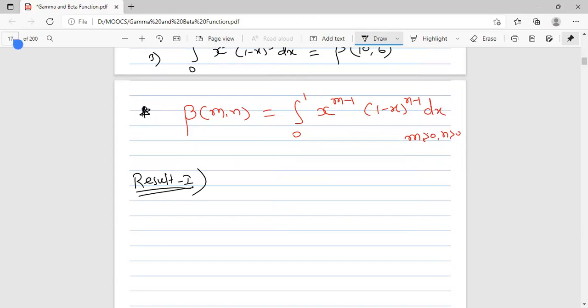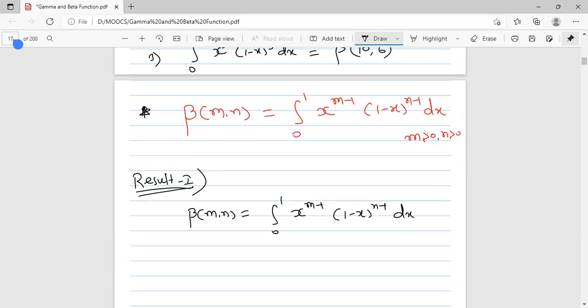First result, as per my definition, beta mn is equal to integration 0 to 1 x raised to power m minus 1, 1 minus x raised to power n minus 1 dx.